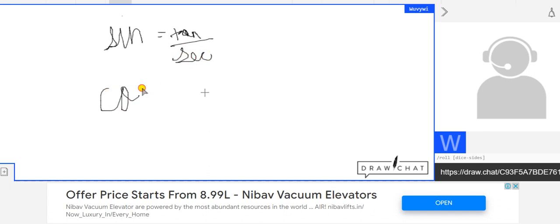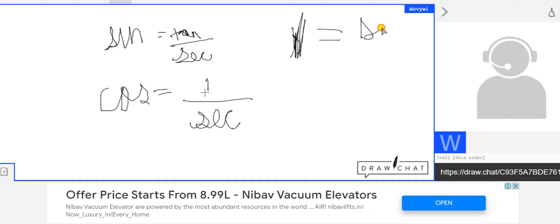And cos square is 1 by sec square. And 1 is sec square by sec square, secant square by secant square.